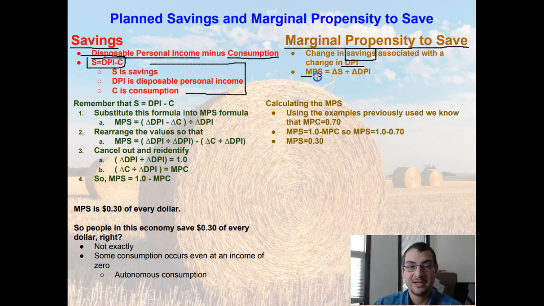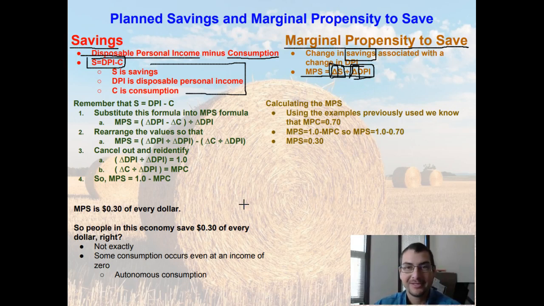We have this nice little formula again, including the deltas, which if you remember means change. So the marginal propensity to save is the change in savings. How much did our savings change by as our disposable personal income has changed?